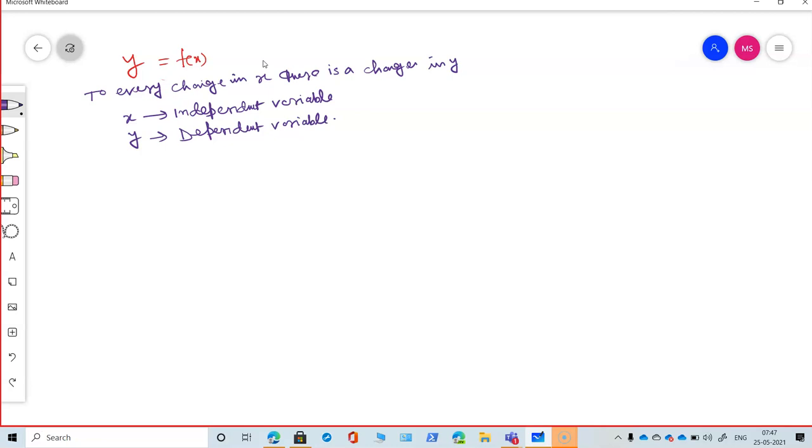Just for a simple example, I can take this equation.